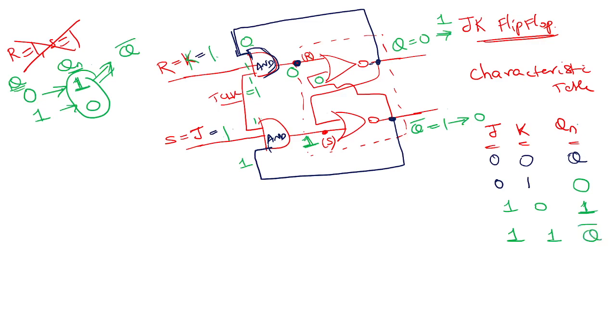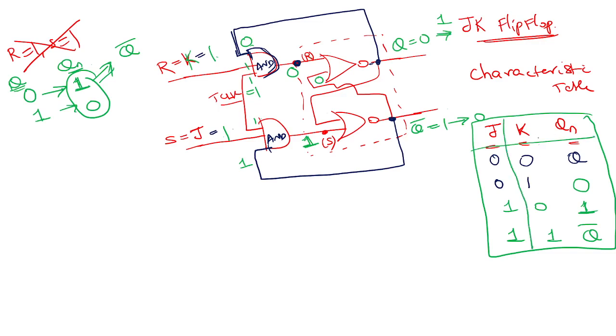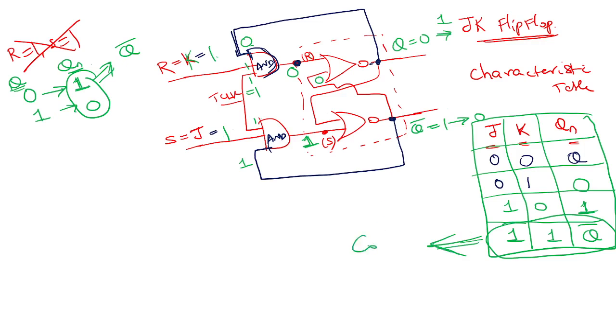If you want to complement the present state, which is very, very, very important for your flip-flops in many places, and especially this combination. Many times we will talk about it, in the counters, shift registers, many places. That's the beauty of that. Your up counter basics will start with the 1-1 combination. There I will not explain all these things again.